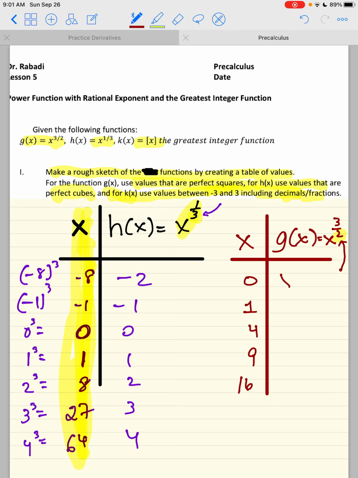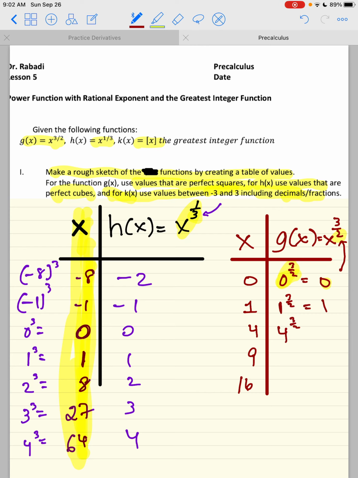So do you remember how to read this? We are going to say 0 to the 3/2 is 0, because the way that you read it is what number do you multiply twice to give you 0? 0, because 0 times 0 to the third power is 0. What about 1? Well, 1 will always be 1. What about 4?